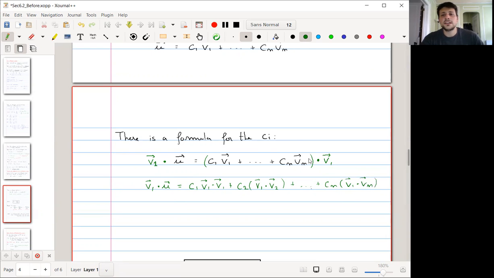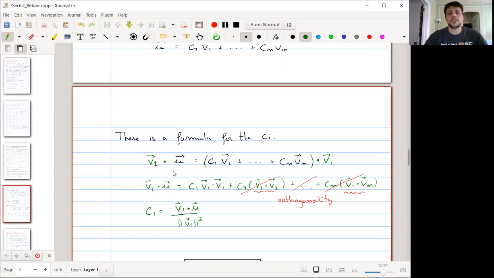Here we go. Again, we can use orthogonality of our basis to get rid of all of the dot products of v1 with the other vectors in here. So all of these disappear. What we're left with is just v1 dot u equal to c1 times v1 dot v1. So rewriting in a different way, we get that c1 is v1 dot u divided by v1 dot v1, which is nothing but the norm of v1 squared.